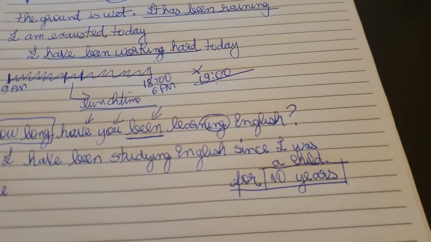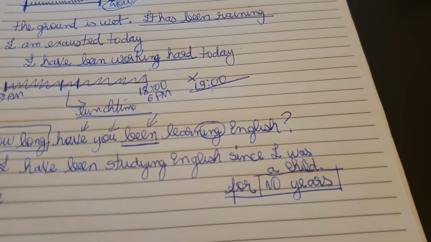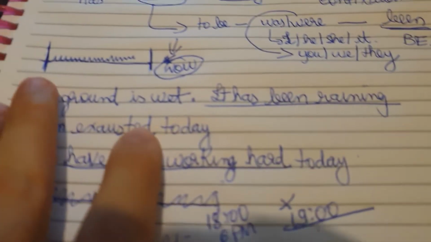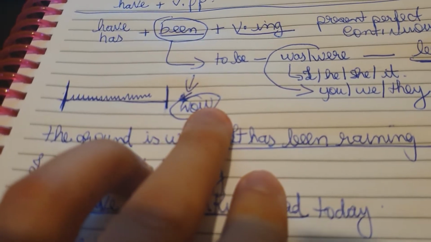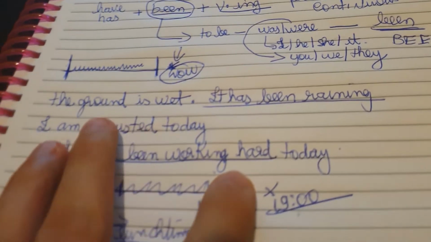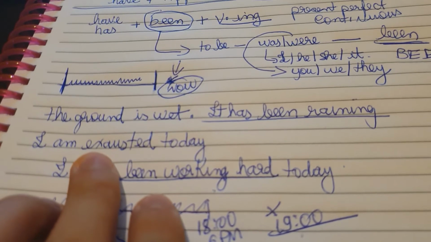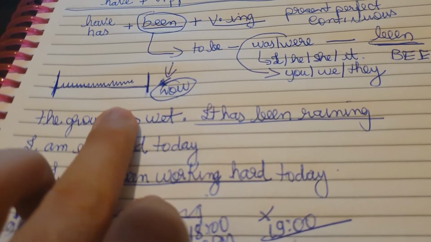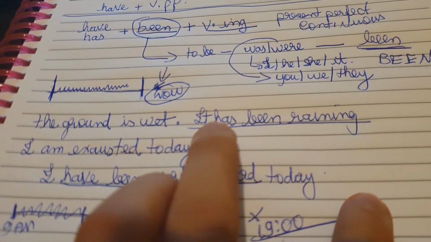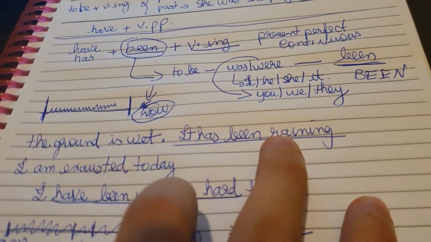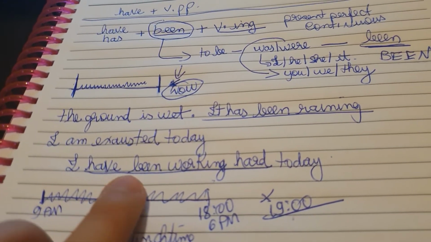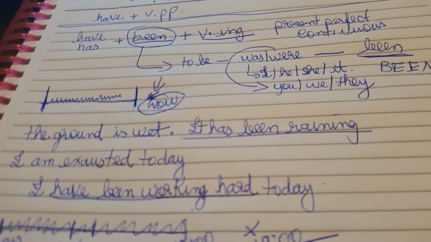So the action is happening, or the action was happening, has just stopped, and then you say something about now. For example, the ground is wet, I am exhausted. So this is now. And then you say what was happening before now. It has been raining, I have been working hard, okay?